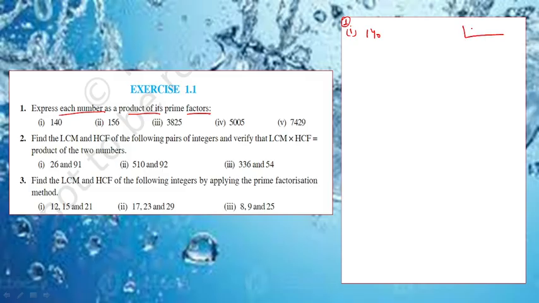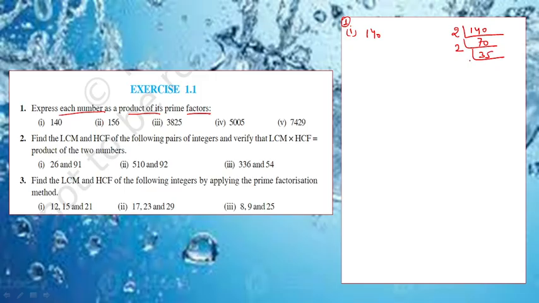So 140 can be divided by 2 very well, because 0 is the last digit. As per the rule of divisibility, it can be divided by 2, and it can be divided by 5 also. So dividing by 2, we get 70. Then again dividing by 2, we get 35.